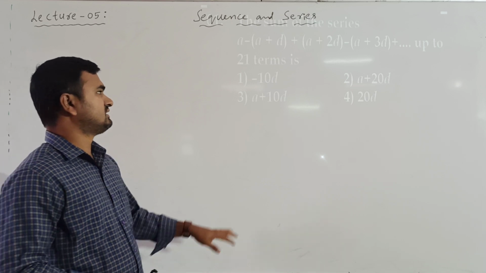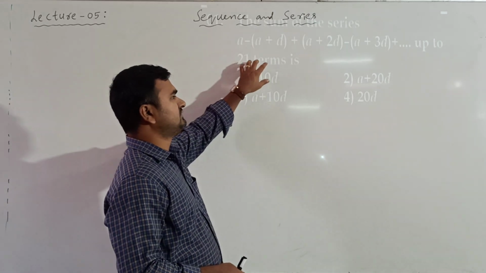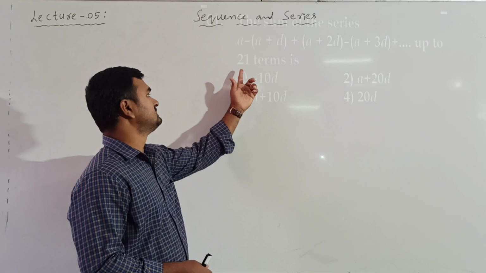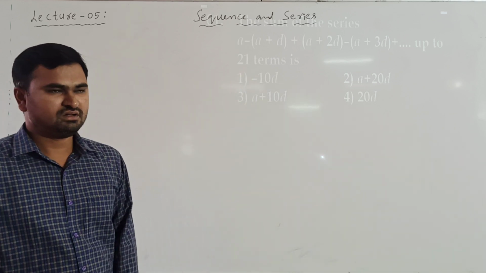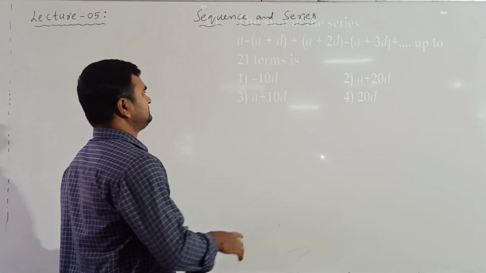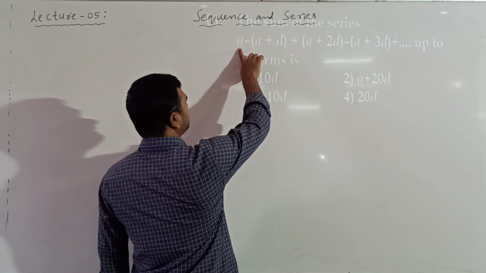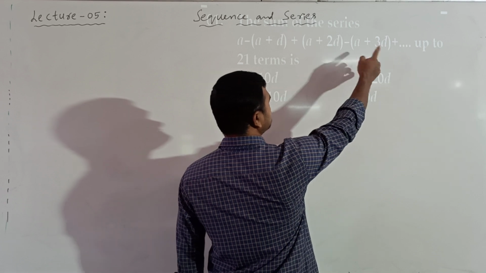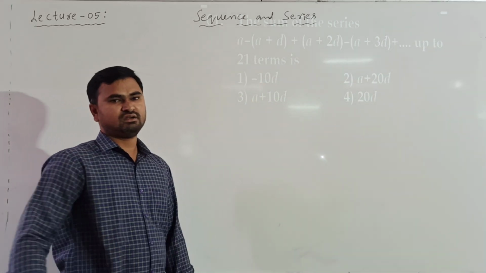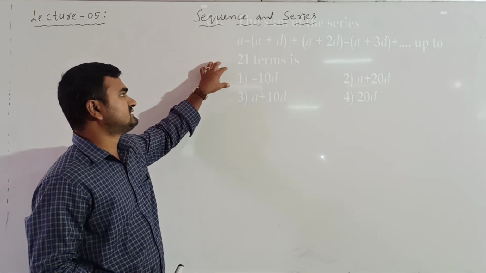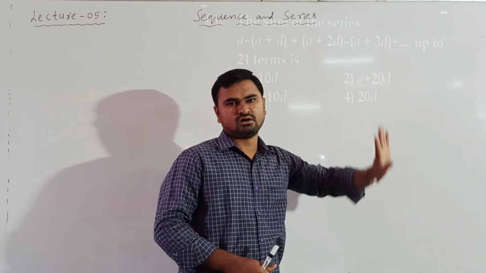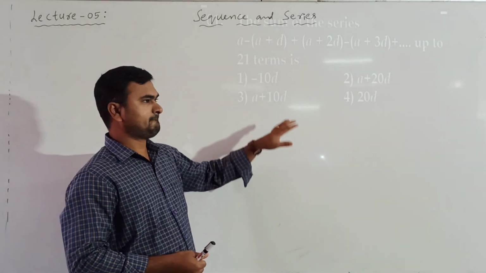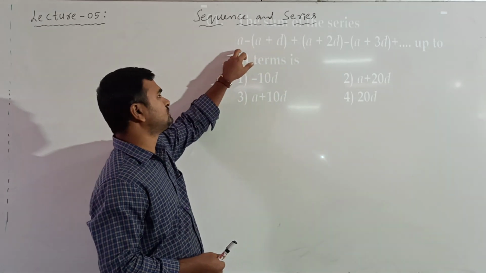Now in such case, how to take the sum of the series up to 21 terms? Observe the terms here. If I take the odd terms, that is a plus 2d, next a plus 4d and so on, these odd terms are forming AP because the difference is 2d.